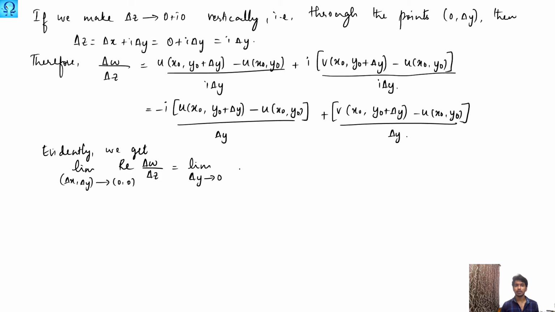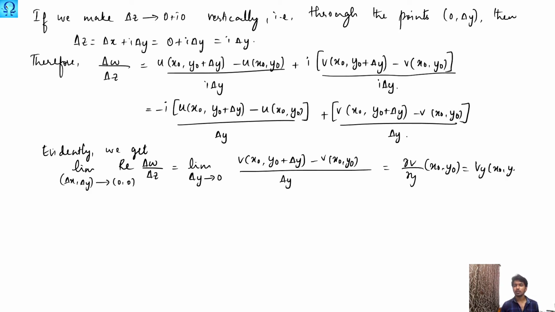So v of x naught comma y naught plus delta y minus u of x naught comma y naught upon delta y, and sorry, I wrote u, it has to be v. Yes, it is v. With respect to y we are differentiating, so this shall be written as del v upon del y evaluated at the point x naught y naught. This shall also be written as vy of x naught y naught.